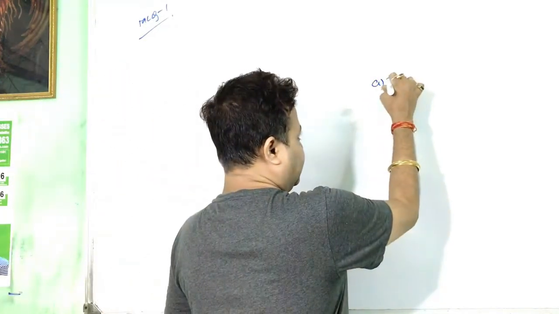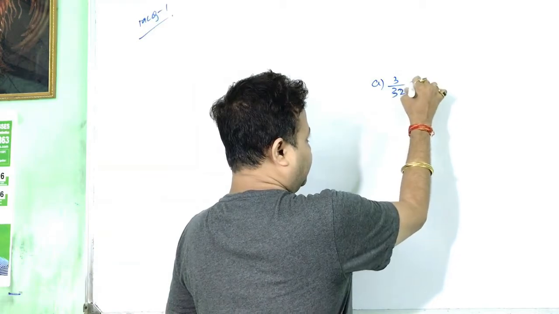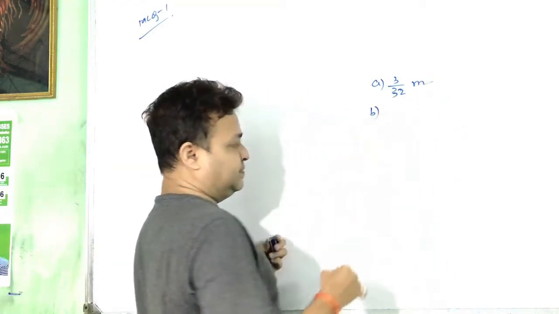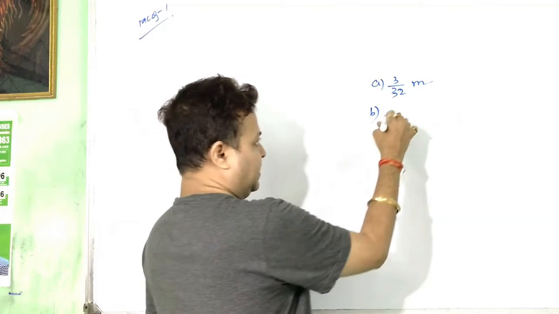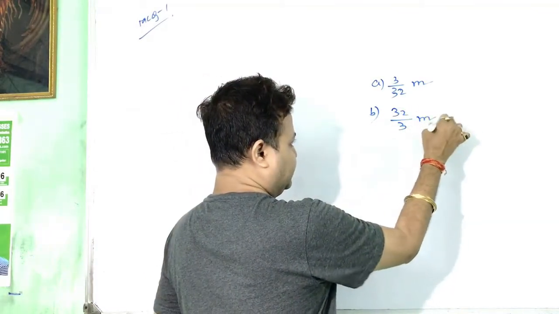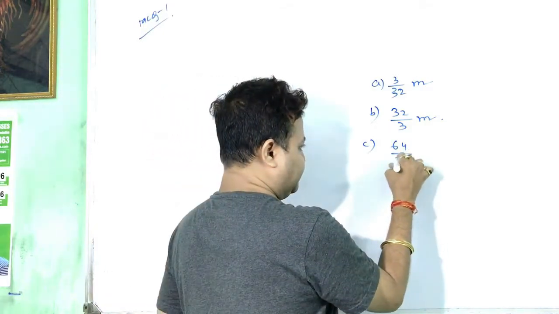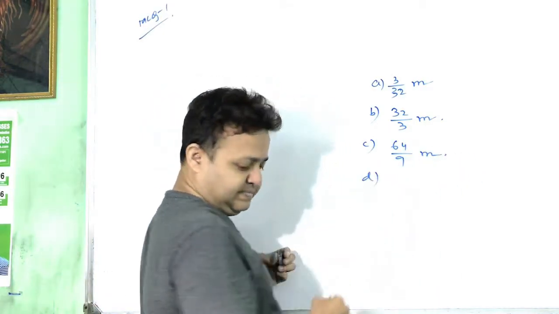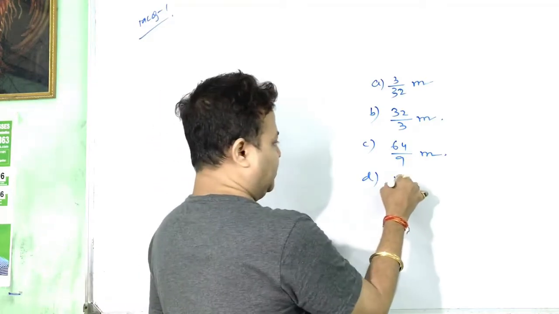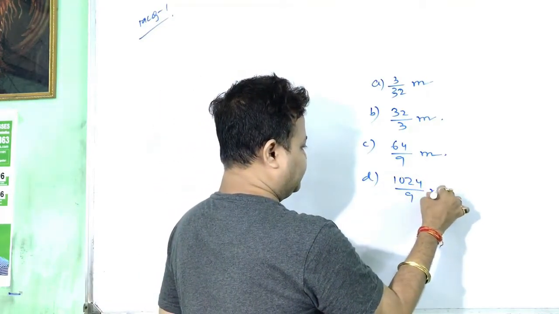The amplitude of the simple harmonic motion will be: option A 3 by 32 meter, B 32 by 3 meter, C 64 by 9, D 1024 by 9.